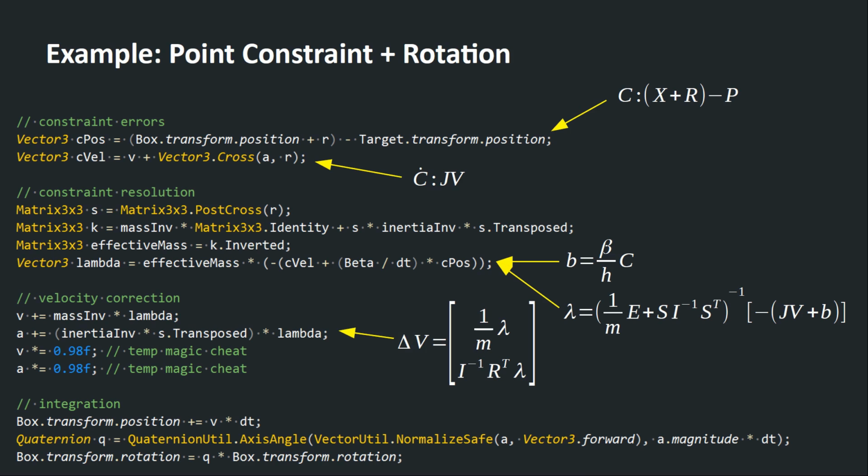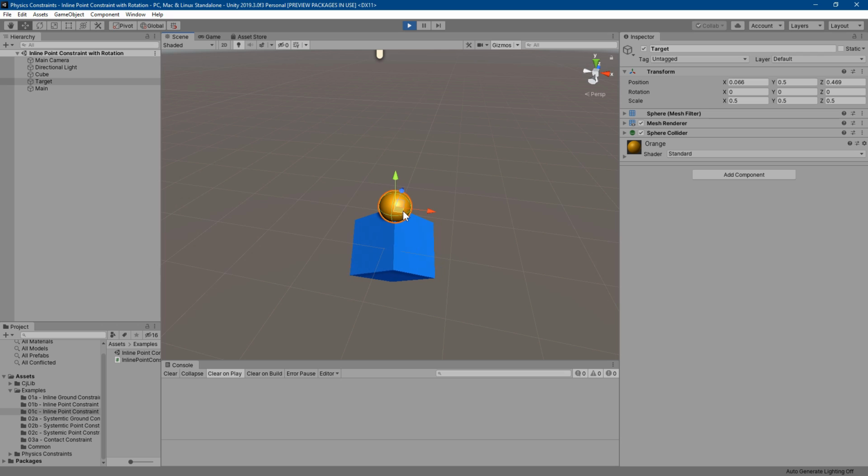Using lambda, we now have the correction in velocity to satisfy the constraint again. And we use the updated velocity to integrate the position. And here's the example again. Quite fancy.